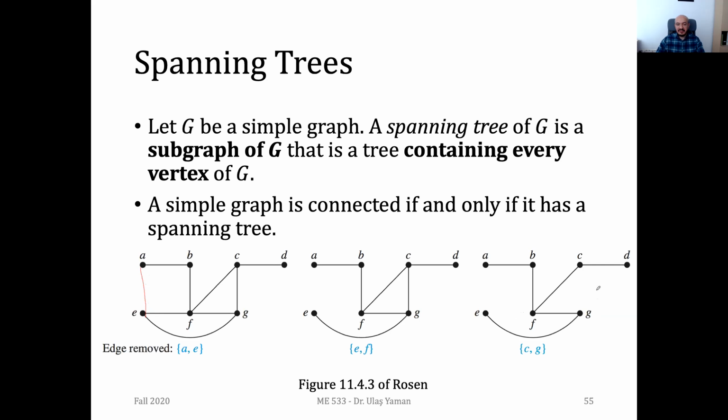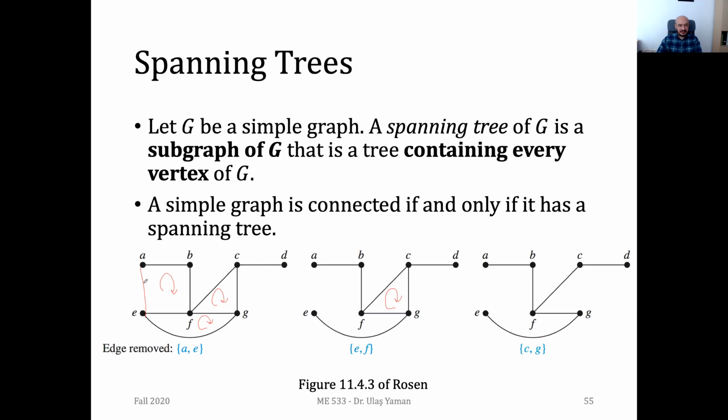If you remember the definition of a tree, we said that there shouldn't be any circuits, right? And we have 2 more here, so we cannot say that these first 2 examples are spanning trees of the graph G. Instead, we need to eliminate these circuits by removing some edges.